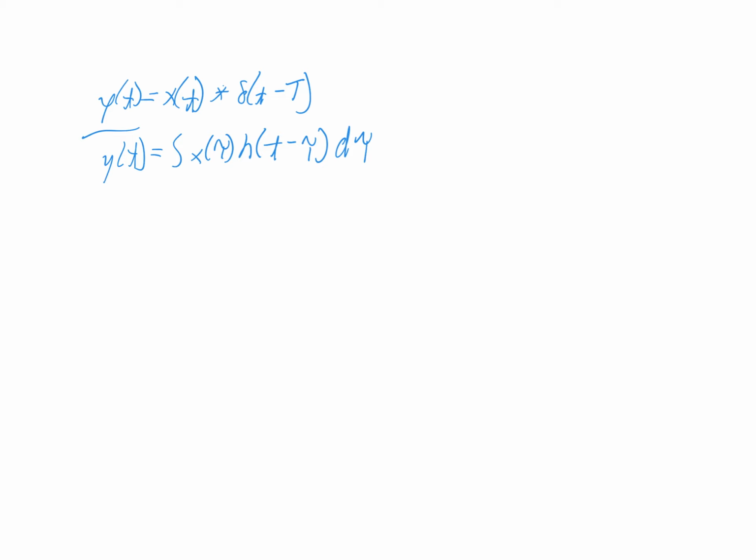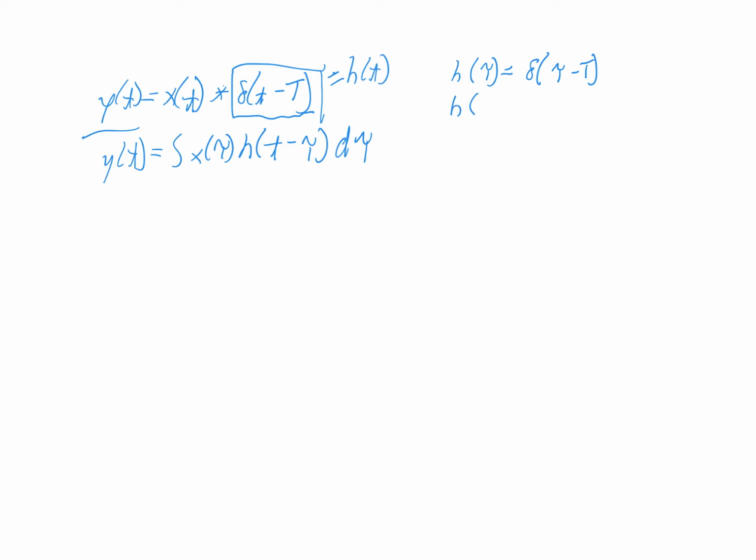Now in this expression right here, this is equal to our h of t. So now we need to figure out what is h of tau. It's going to be delta at tau minus capital T. Then, according to convolution, we have to mirror that.